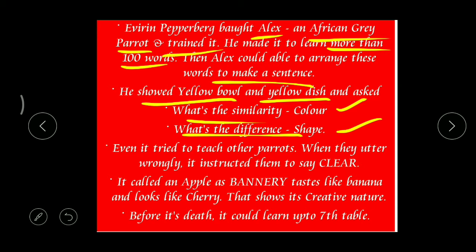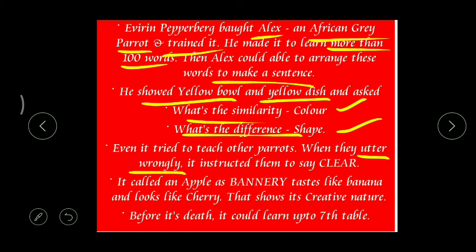Okay, and even this parrot, this Alex, could teach the other parrots also. Whenever the other parrots utter any word wrongly, here, what is meant by utter? Utter means speaking loudly, right?